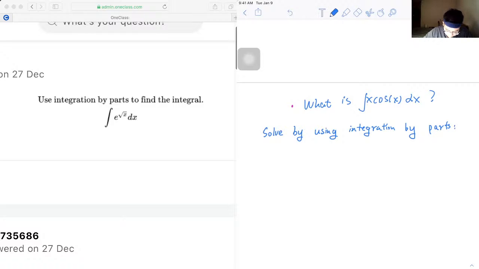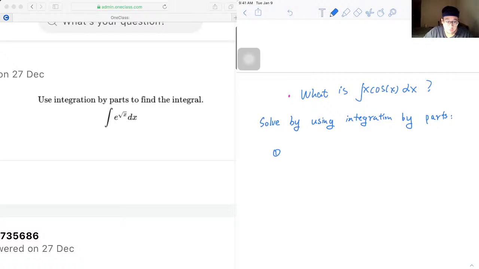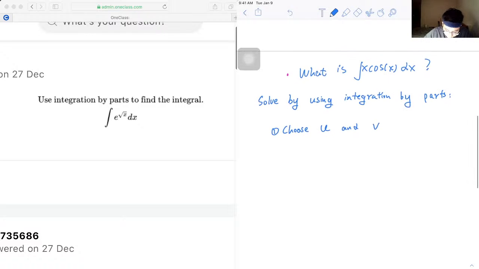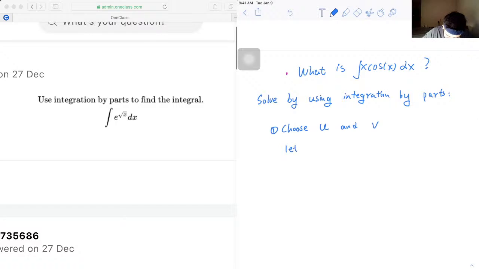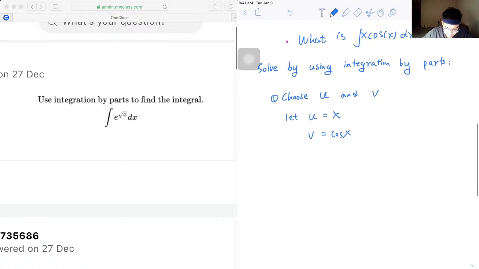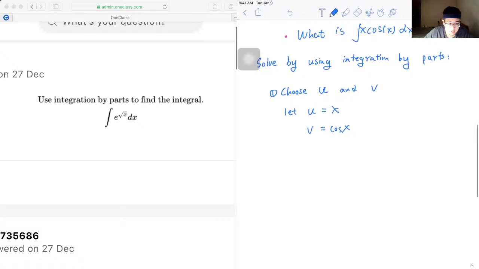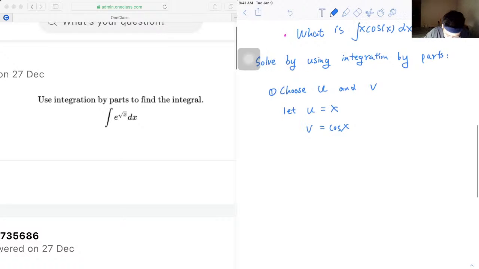The first step will be we need to choose which function for u and which function for v. So choose u and v. In our case, we will let u be equal to x, v be equal to cosine x. Now we can see it in the format integral u v dx.